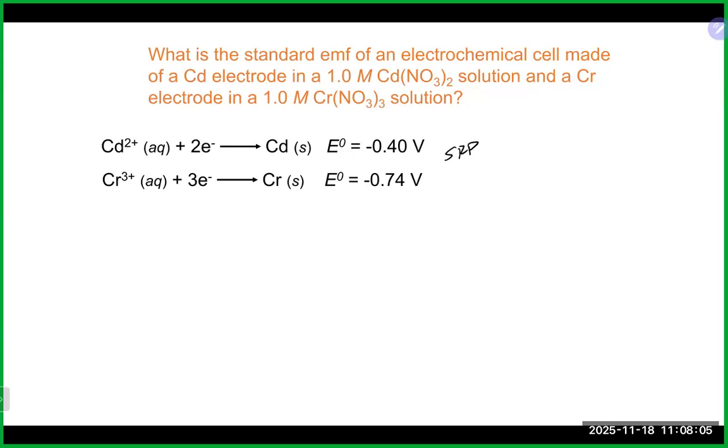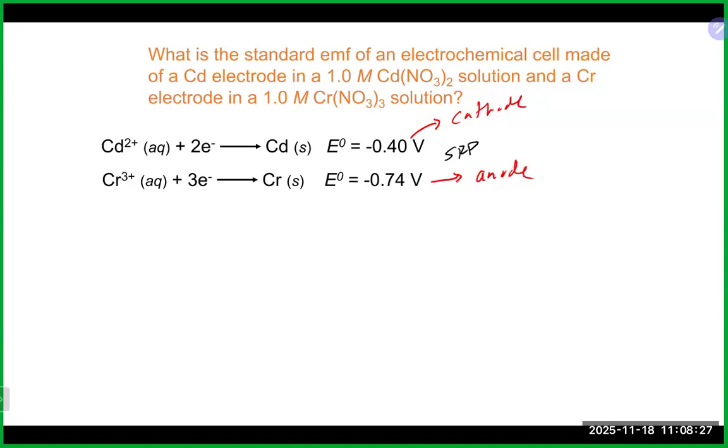Okay, let's take a look, since we're getting to the end here. First off, we don't have an overall reaction, so we're basically just going to go to the SRP table and find the two things involved. In this case, we can look at the SRP values, and although they're both negative, this one is more positive. So this should be our cathode, and by default, this one here would be our anode.